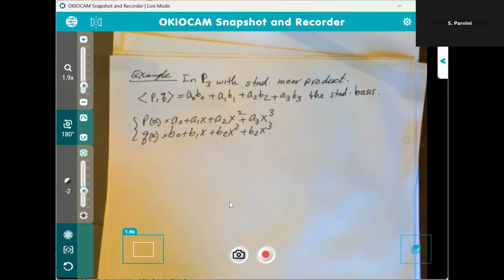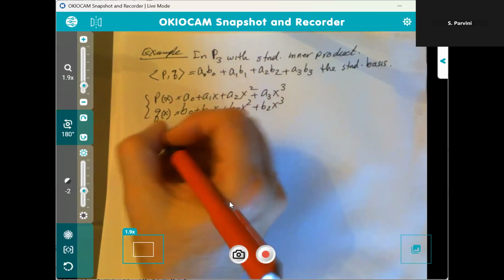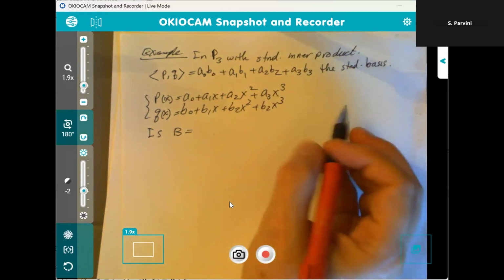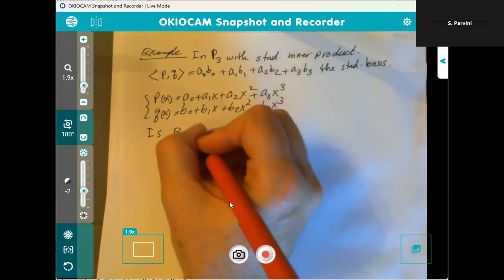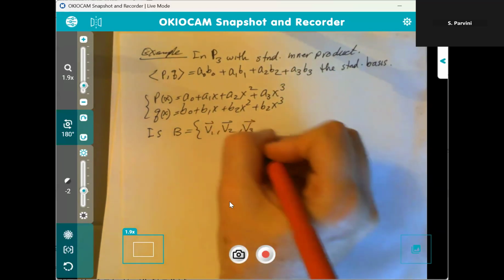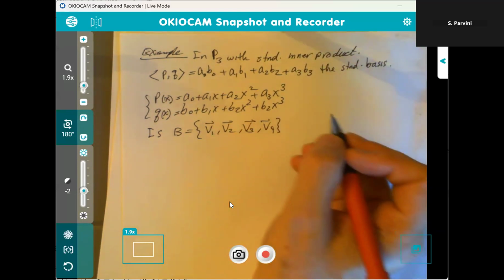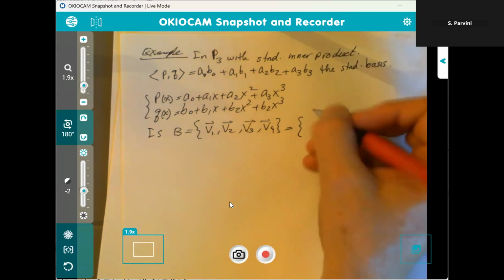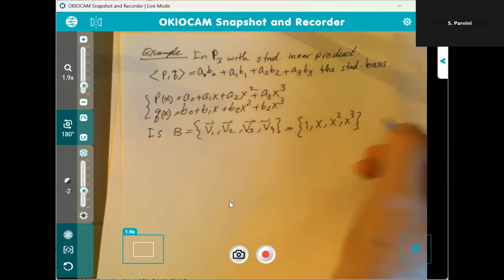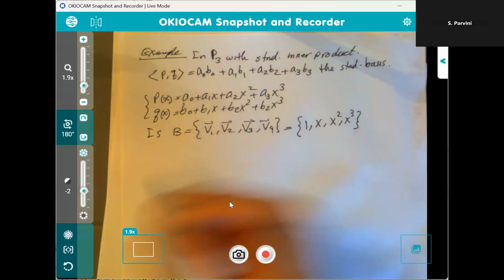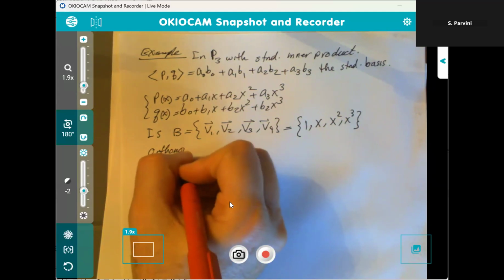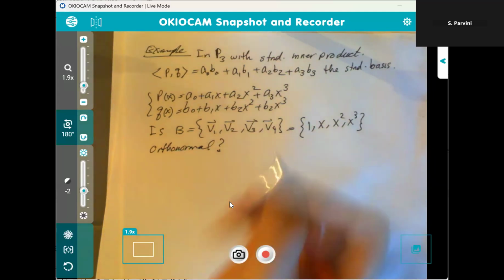Okay. Now, the question we want to ask is this. Let's say I want to know if the basis, this set B, made up of 4 vectors, V1, V2, V3, V4, which is equal to 1, x, x squared, and x cubed, is orthonormal.